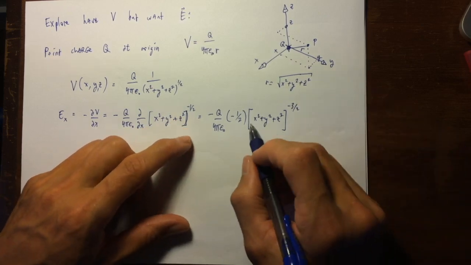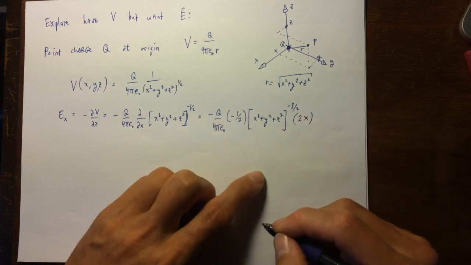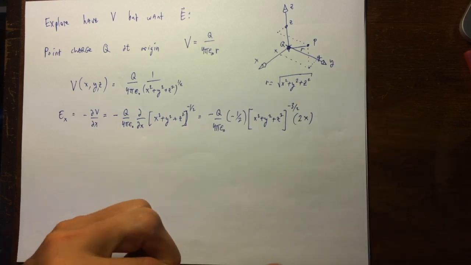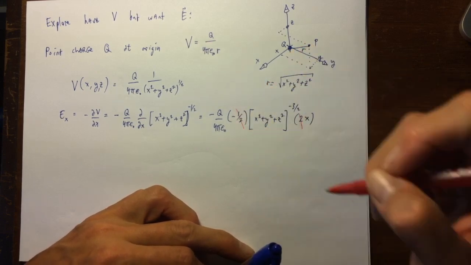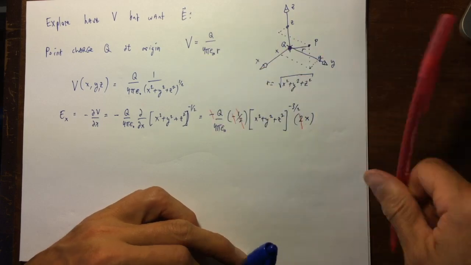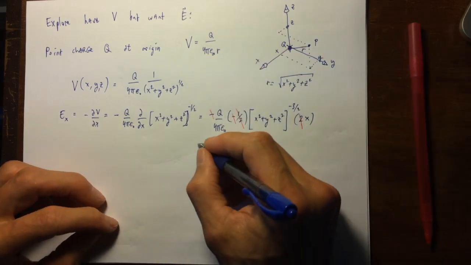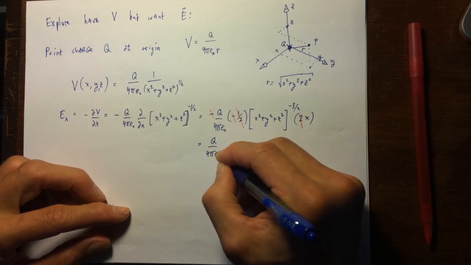And then you multiply by the derivative of the inside. So that's the chain rule. So that's 2x, like this. And so you can see that this 2 cancels with the factor of a half, and this minus cancels with that minus. And you're left over with, check this out, it's Q over 4 pi epsilon naught.